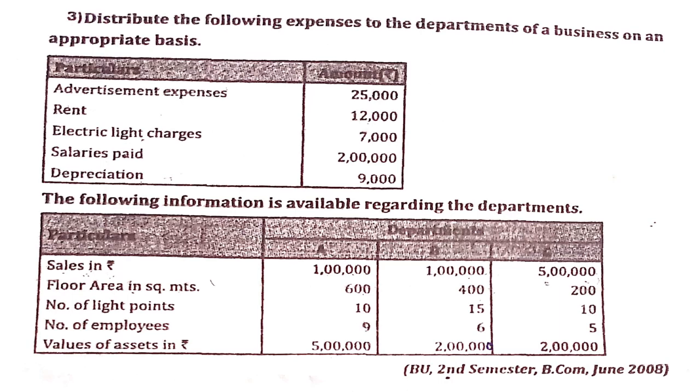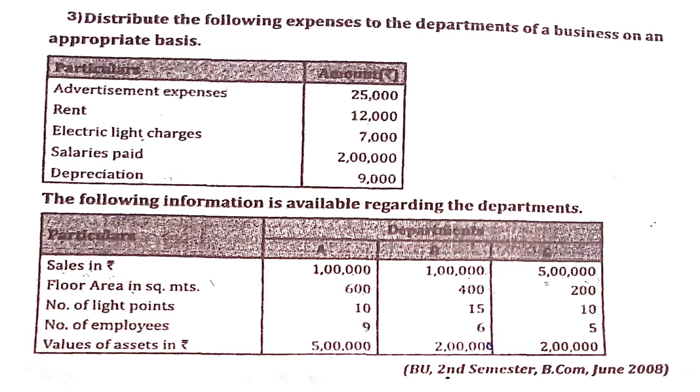The number of employees is 9 in department A, 6 in department B and 5 in department C. And the value of assets maintained by the three departments are 5 lakhs, 2 lakhs and 2 lakhs. So this is the additional information given for the expenses.